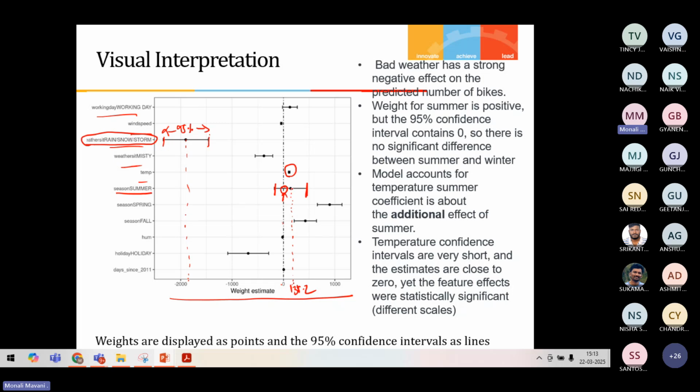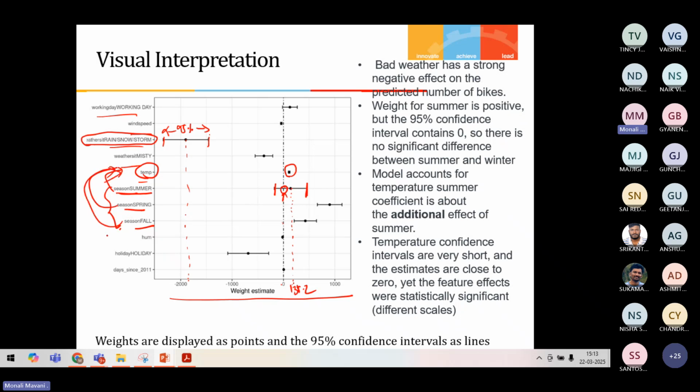Now you can say that the season, summer, spring, fall, can also be identified by temperature. Can I say that? By looking at the temperature, whether it's summer, winter, or fall, we can always infer, correct? So this is an example where there's a high correlation between season summer and temperature, season spring and temperature, season fall and temperature.